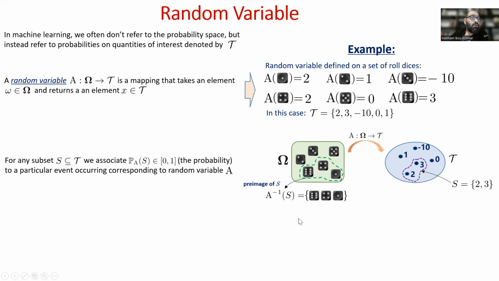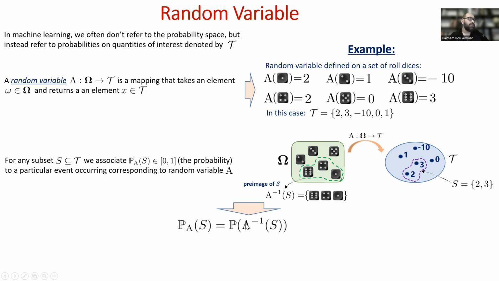They are what we call the pre-image of this set S, which is a subset of T. And in our example, they are 1, 4, and 6. Now notice that the probability of this S to happen, associated with the random variable A, is the same as the probability of the pre-image to happen.